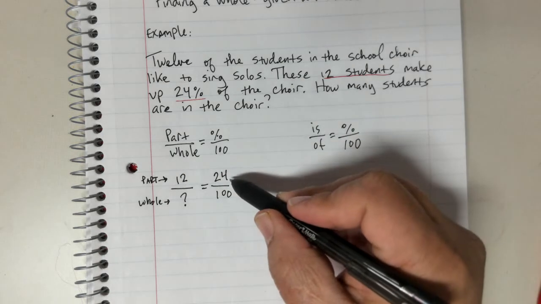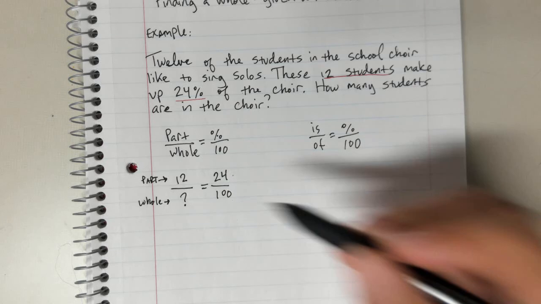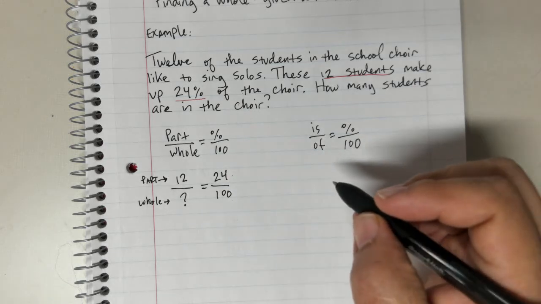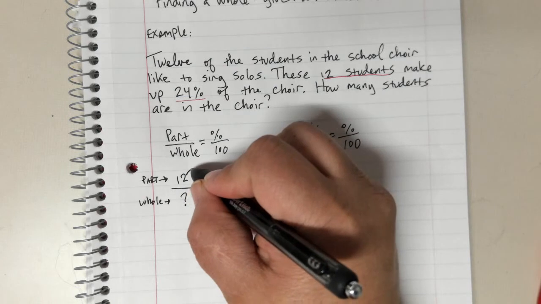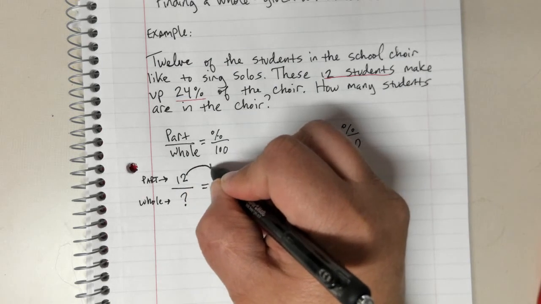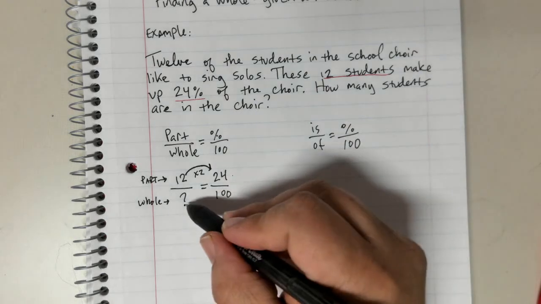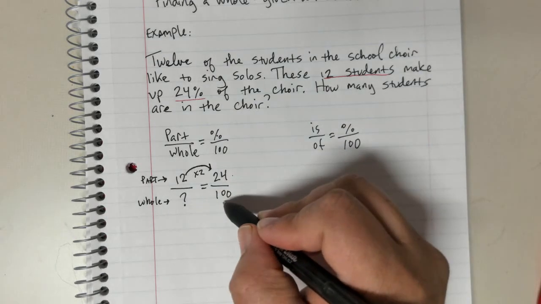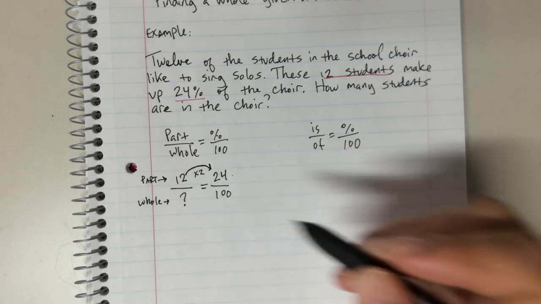And we have the percent, which is the same thing as a part and a whole, but you always put the percent over 100. So now we can use proportional reasoning, and then we can see that 12 times 2 gives us 24. So we have to find something times 2 to give us 100, or 100 divided by 2 will give us an answer.